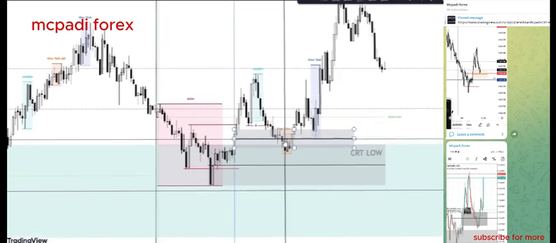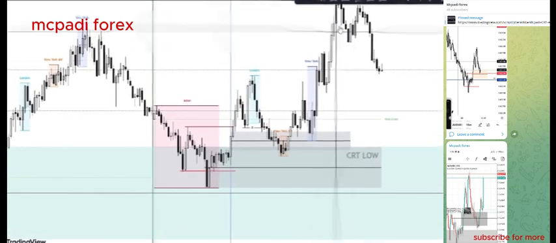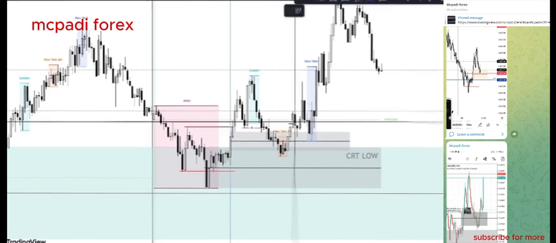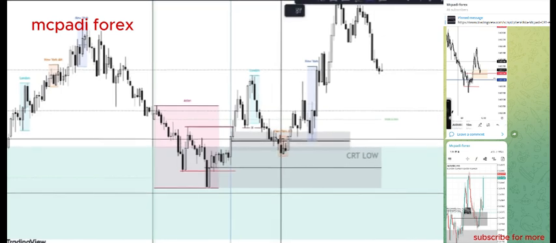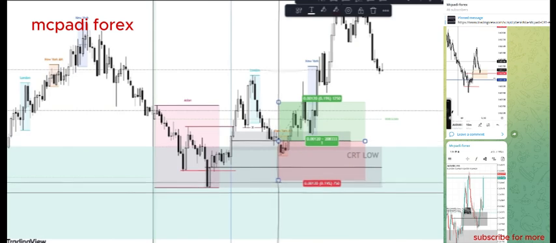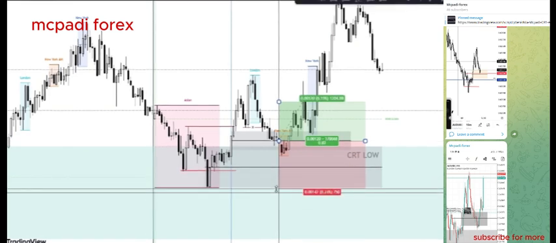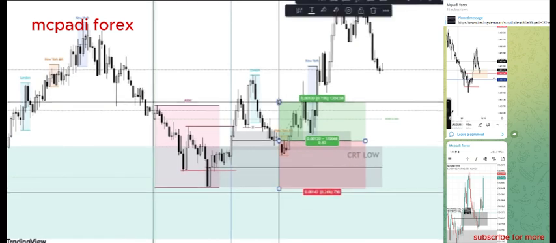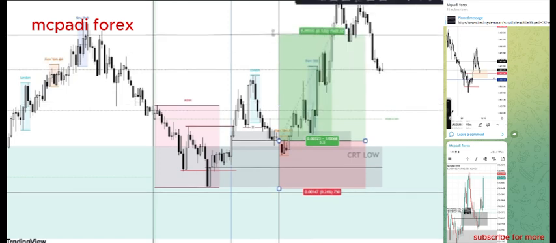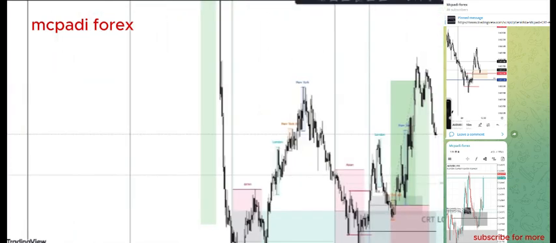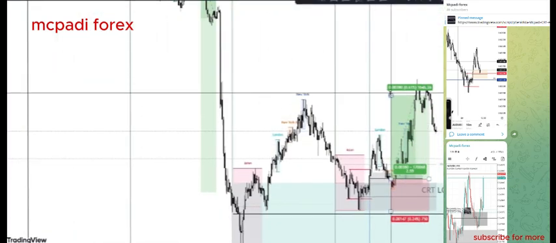So as soon as I see this happening at a key time, I'll just take my trade right here. I won't look for anything else. I'll just take my trade right here, and then stop loss just below the low of the first candle, the second candle, and then you take your profits. I normally want to take my 3 hour.